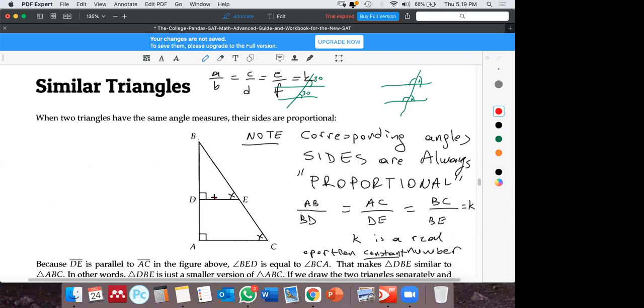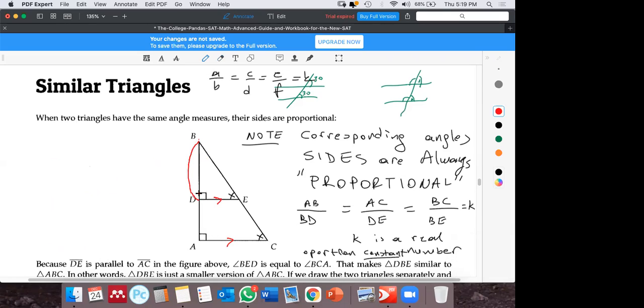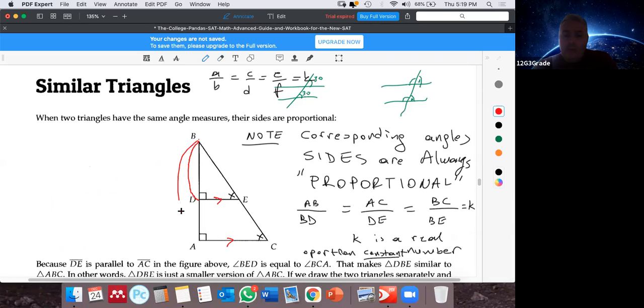If two things are parallel, are you looking? Yes, I'm looking, sir. BD over BA is equal to BE over BC is equal to DE over AC.